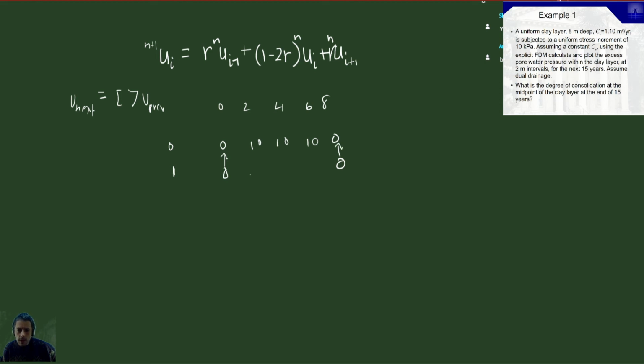And here we have from the previous time u0 plus 1 minus 2r u2 plus u4, at the previous time.